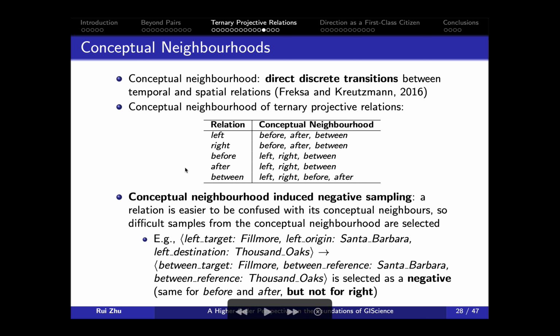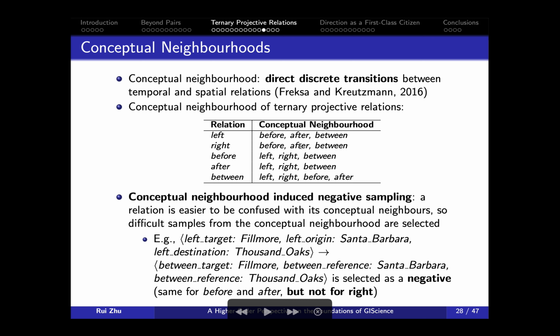Similarly, ternary projective relations have their conceptual neighborhoods. The notion of conceptual neighborhood was introduced to describe the direct, discrete transition between temporal and spatial relations. Here, for ternary projective relations, we have their conceptual neighborhood listed in this table.